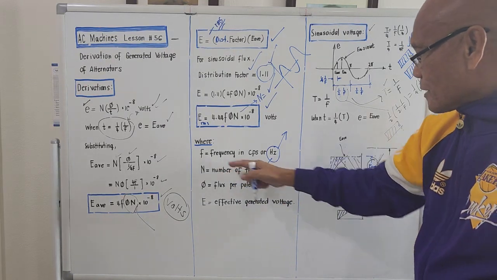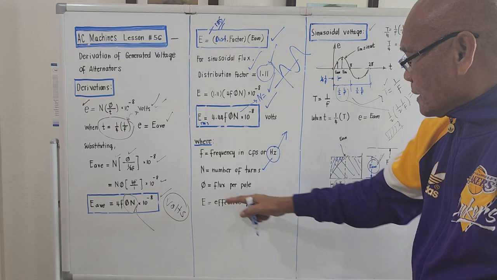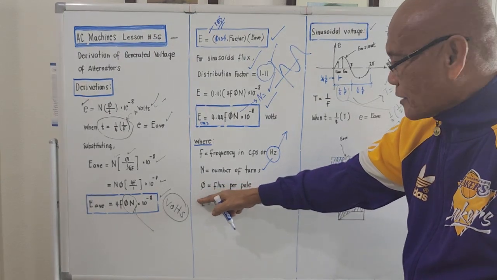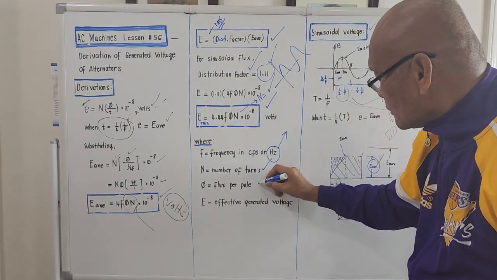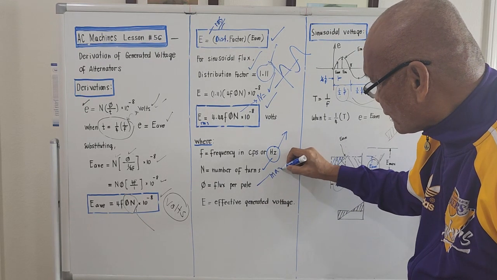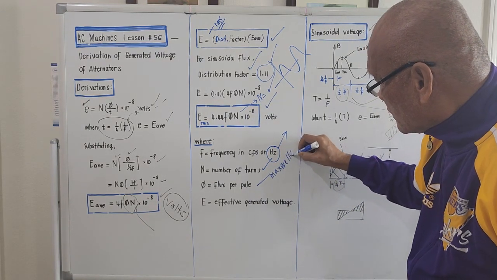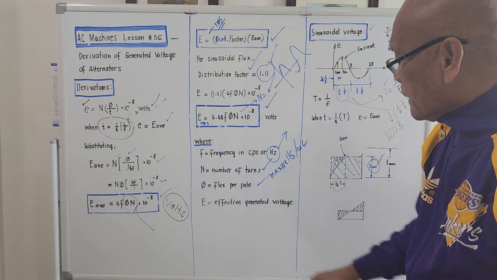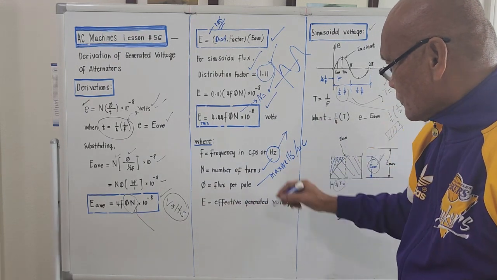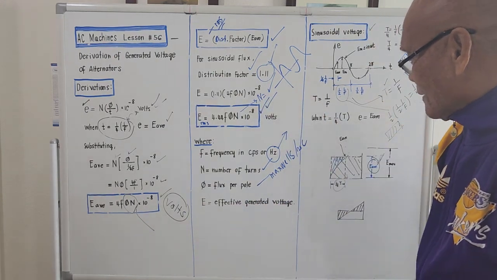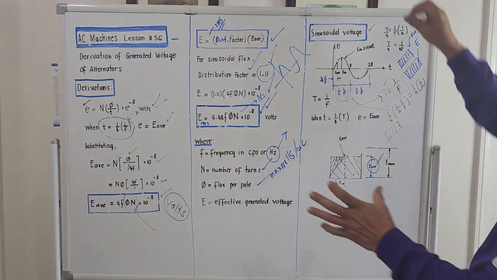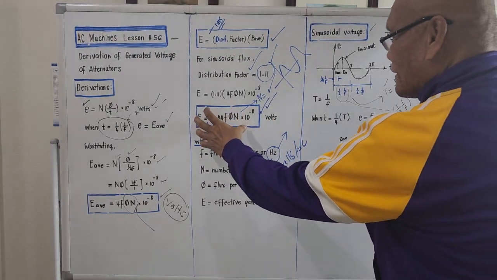So capital letter N represents the total number of turns, and the Greek letter phi is the flux per pole. The unit of this is actually Maxwells per second, and E is the effective generated voltage. Okay? So actually, we could manipulate this equation here.